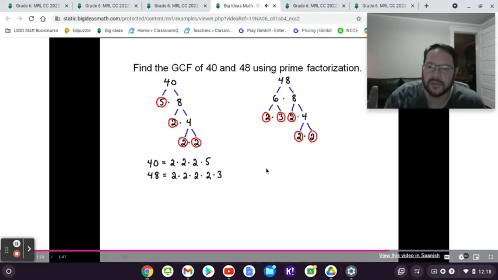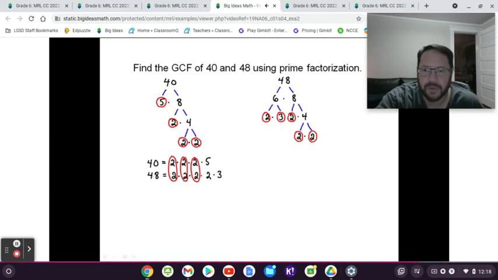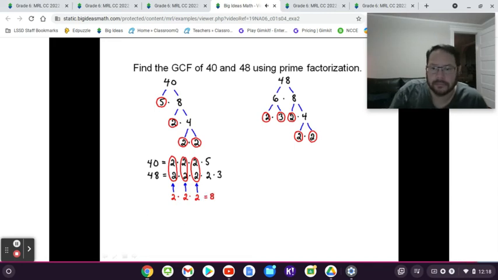So how many 2's are they going to circle here? There are 3 common prime factors of 2. Next, find the product of the common prime factors, and this is the GCF. 2 times 2 times 2 is equal to 4 times 2, which is equal to 8. So, the GCF of 40 and 48 is 8.